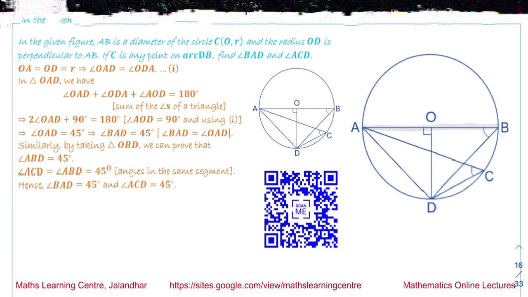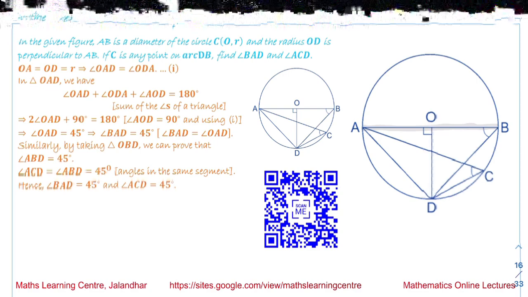The value of x plus y is 90 degrees, so the answer is 180 degrees. This proves that the sum of these two arcs forms a semicircle because their measure is 180 degrees. Similarly, we can prove that the sum of the measures of arc AYD and arc CWB is also 180 degrees.